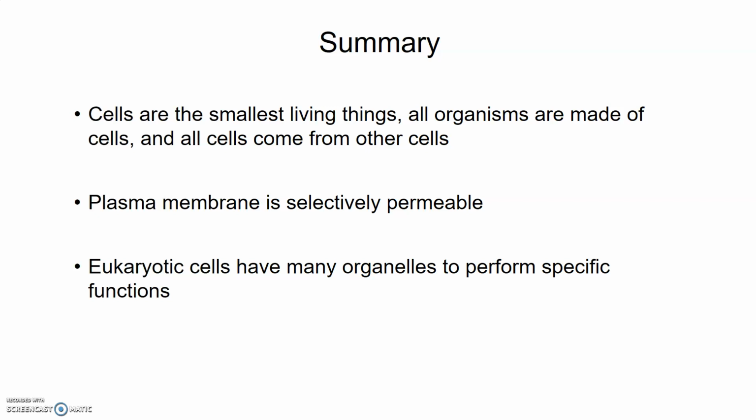And cells are made up of a plasma membrane, which is a phospholipid bilayer that is selectively permeable to the external environment, lets some stuff in, lets some stuff out, and then a series of organelles or functional compartments inside that plasma membrane. And all of these organelles have specific functions that they perform, and without any of these organelles, a eukaryotic cell would likely suffer and not be able to survive.